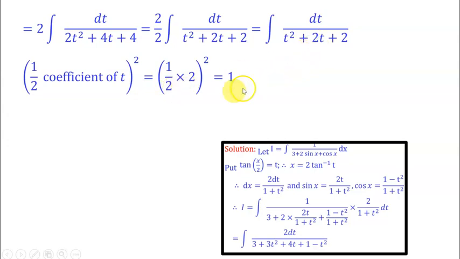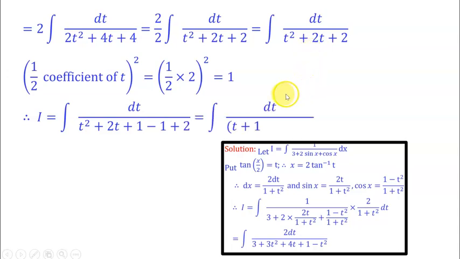The coefficient of t is 2, half of it is 1. Therefore add plus 1 and minus 1, then the denominator becomes a perfect square: integral dt upon t square plus 2t plus 1 minus 1 plus 2. This is (t plus 1) square plus 1 square.